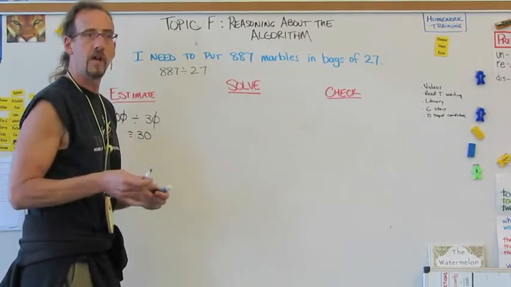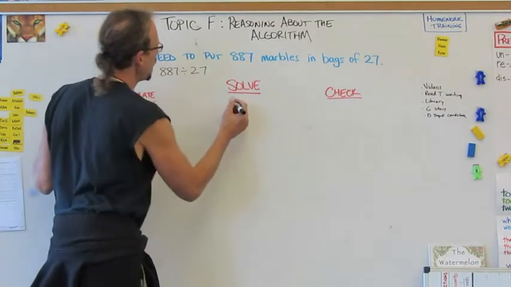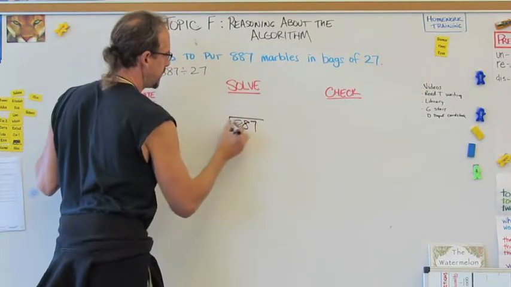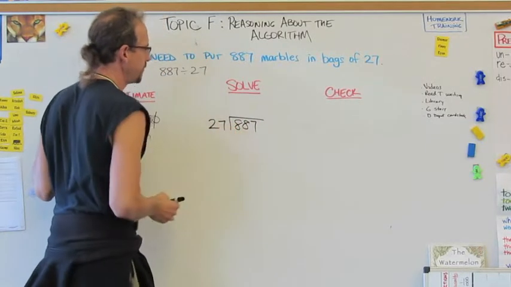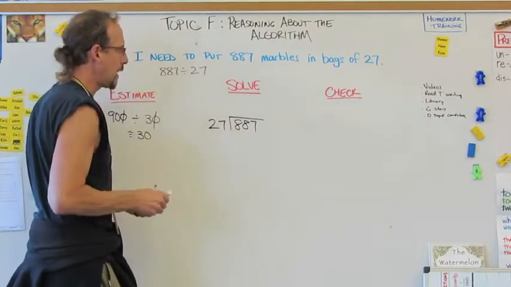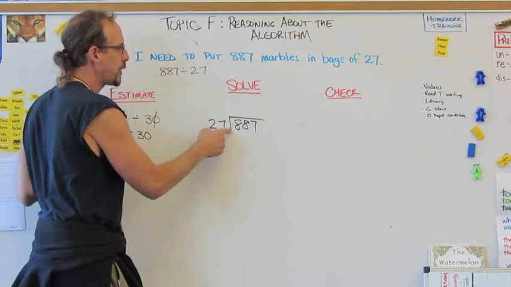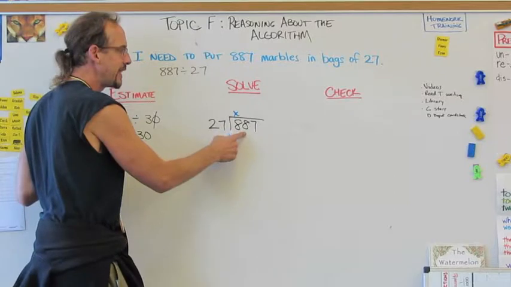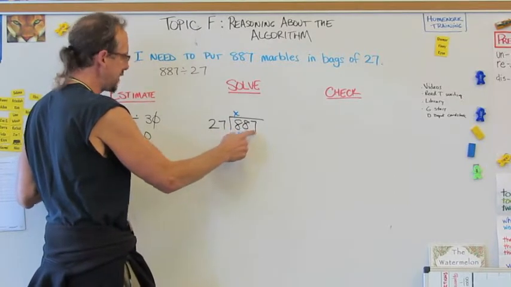Now when I go to solve this problem, I'm going to write down 887 divided by 27. And I'm going to think about my estimate here. How many 27s go into 8? None. How many go into 88? And really that's 880.